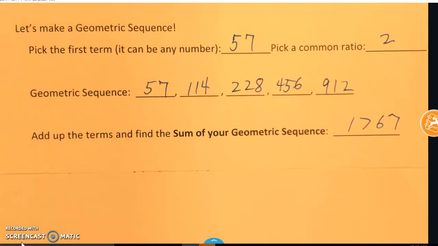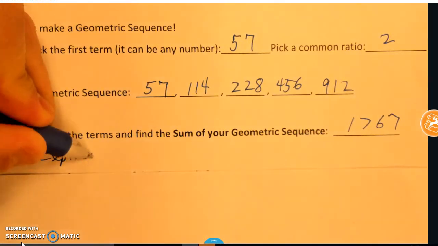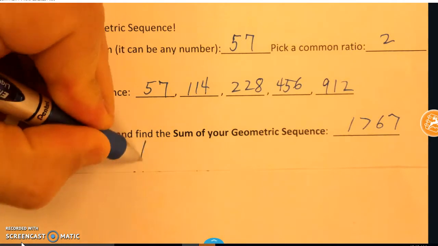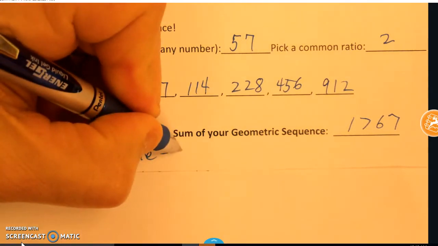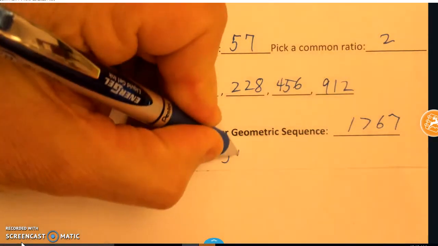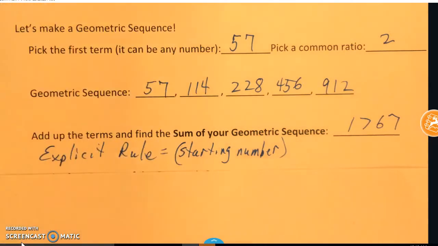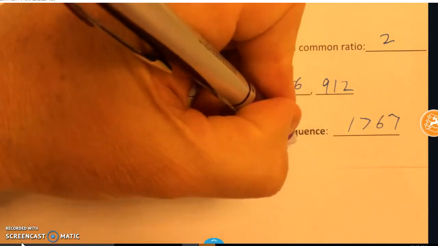Now, one additional thing you'll have to do is be able to find the explicit rule for a geometric sequence. So the explicit rule is going to equal your starting number, and then we're going to multiply that by the common ratio.